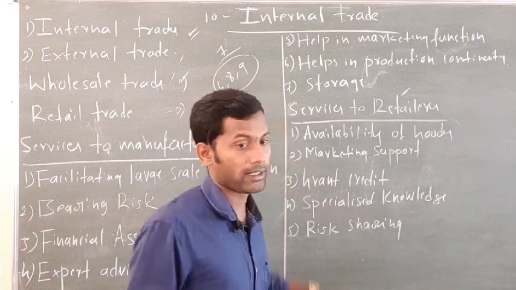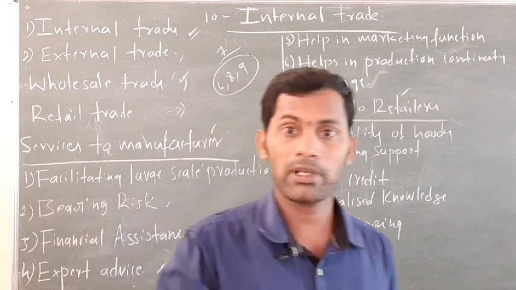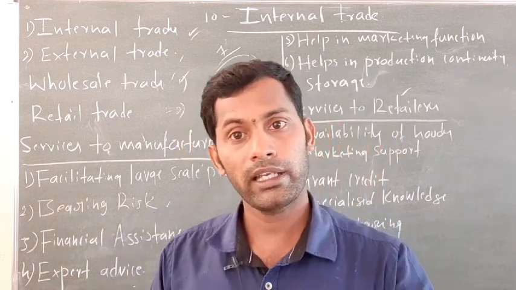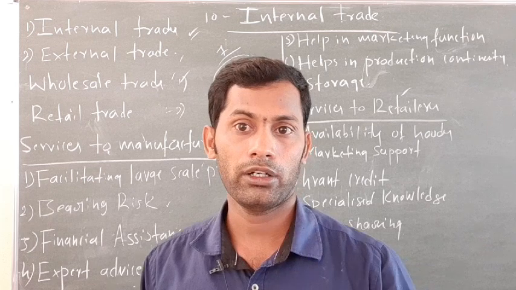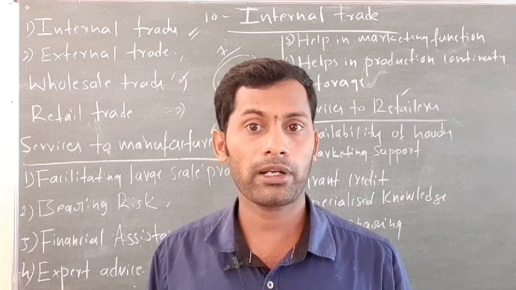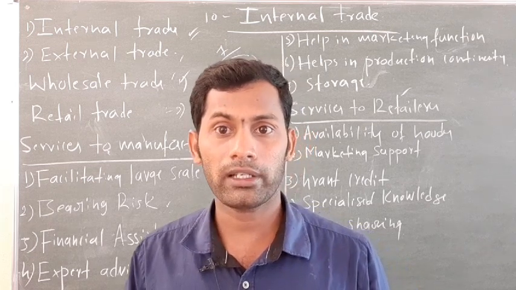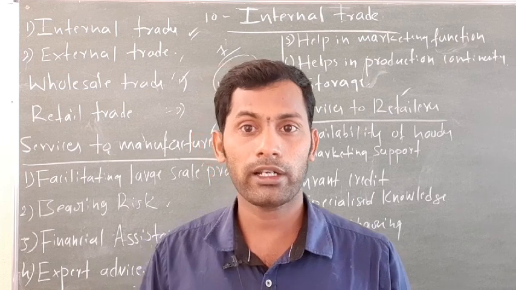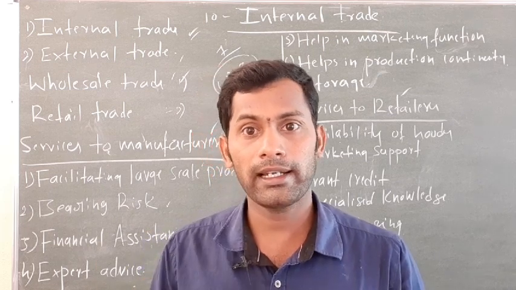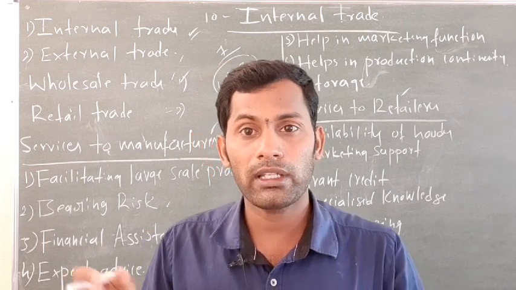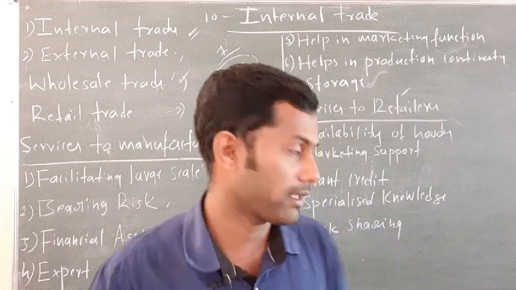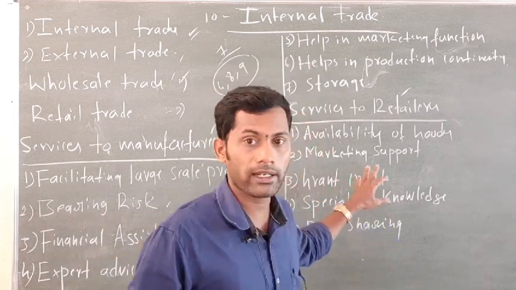One more thing, grant credit. Sometimes the wholesaler sells their product to the retailer on credit for their regular customers, so that the retailer can do their business with less working capital. That is one more thing, grant credit.